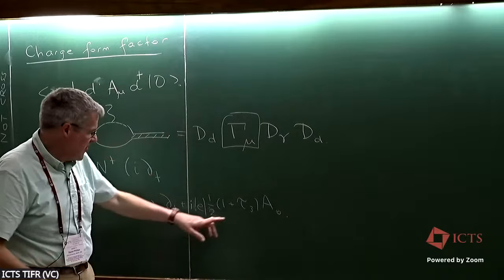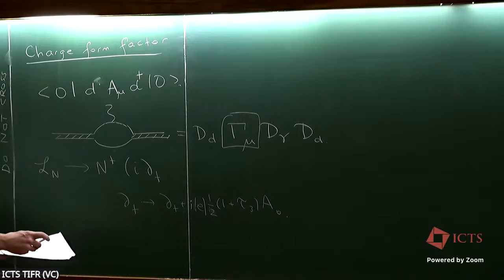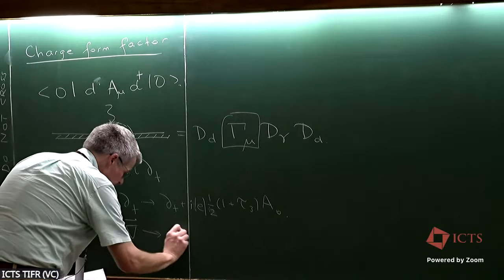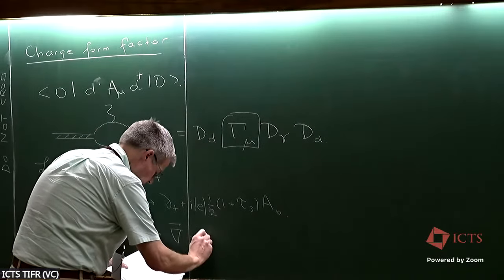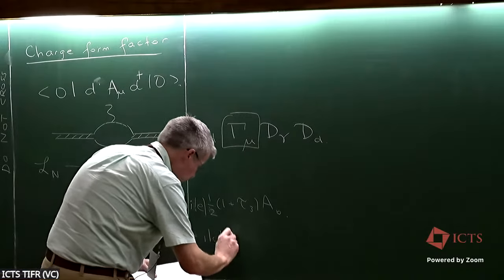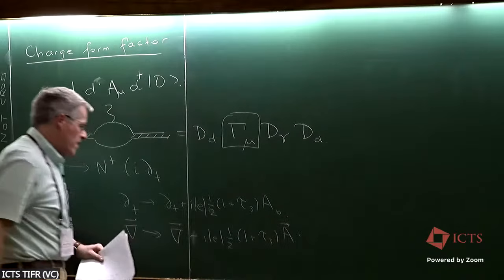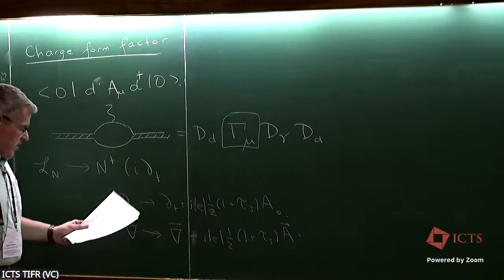This is just designed to give me 1 for a proton and 0 for a neutron. And then we're going to do the same thing for the gradient. The gradient gets replaced by, minus, because of different transformation properties, the gradient and the field times vector A.